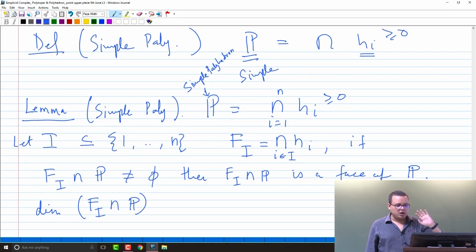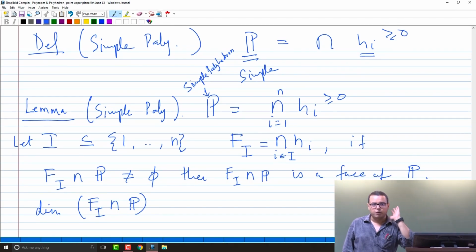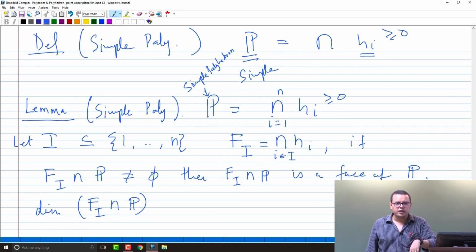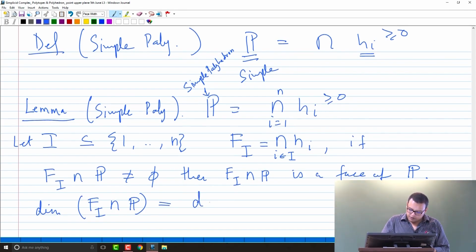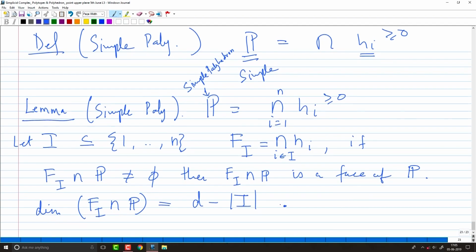You define f of I as the intersection of all the hyperplanes whose indices are in I. Suppose f of I intersection P is non-empty, then f of I intersection P is a face of your polyhedron. And the dimension of this object is d minus the size of I. This is something we will be using tomorrow.